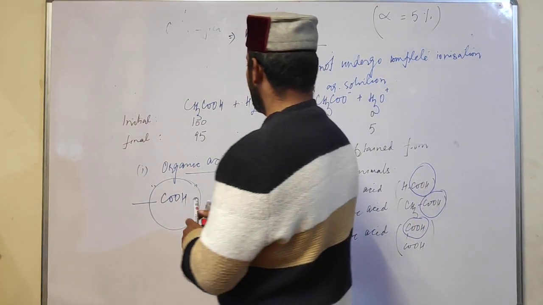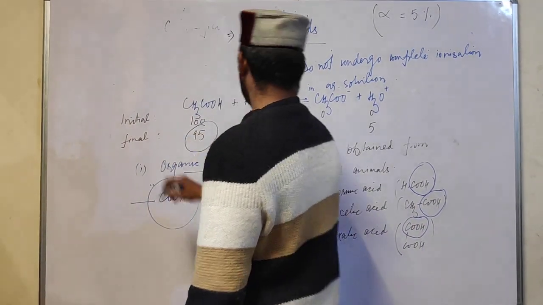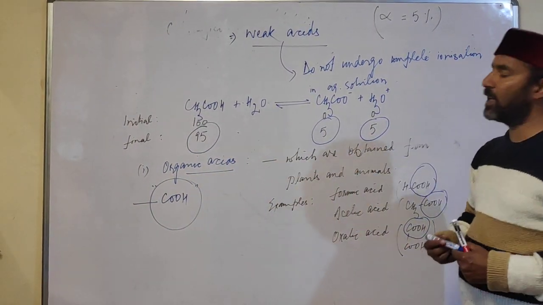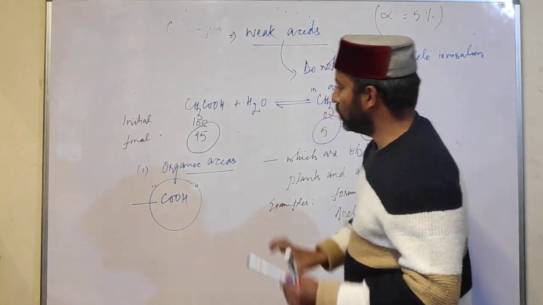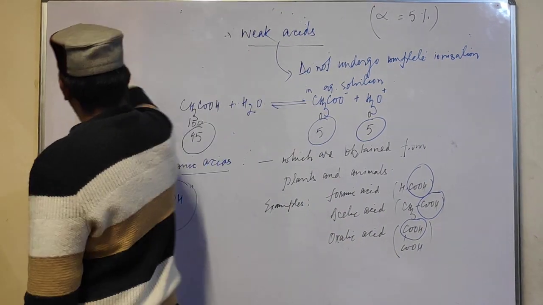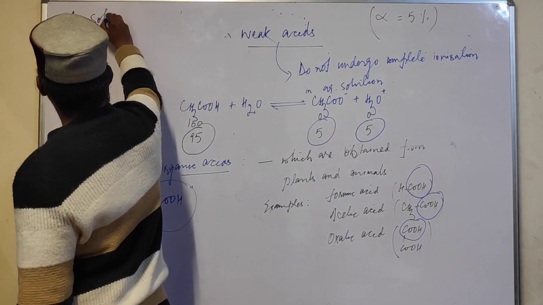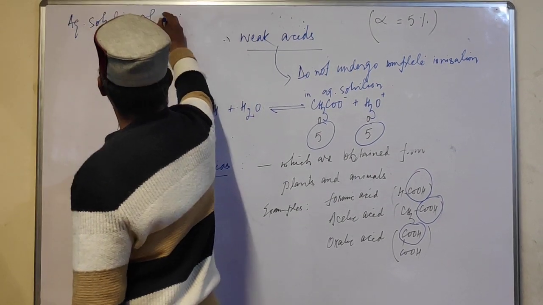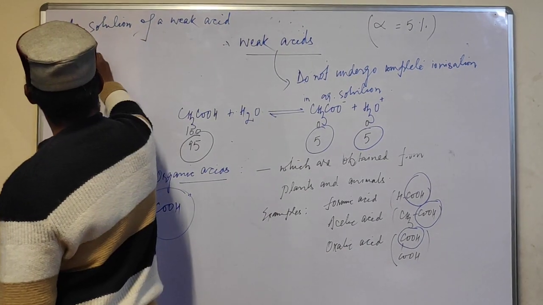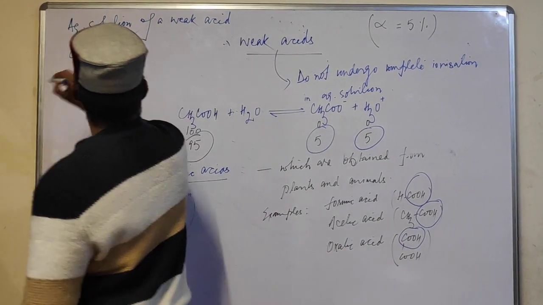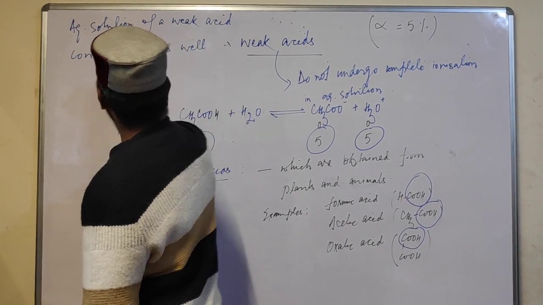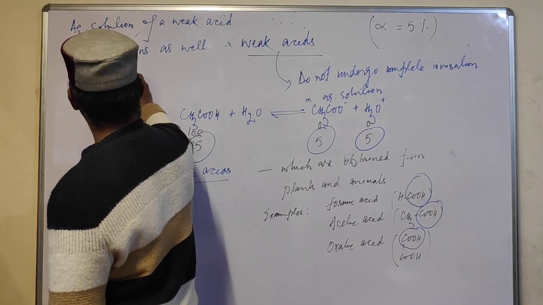So now you see students, this solution contains what? Ions as well as unionized molecules. So this is a very important point to note, that an aqueous solution of a weak acid contains ions as well as molecules.